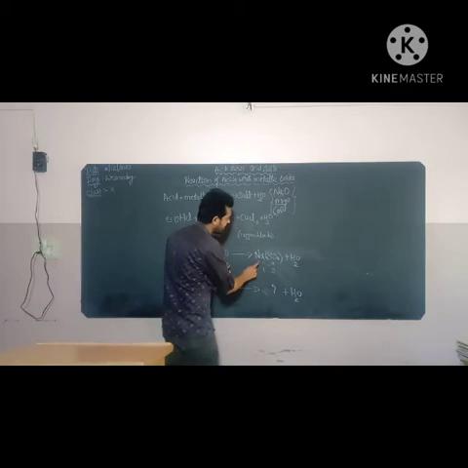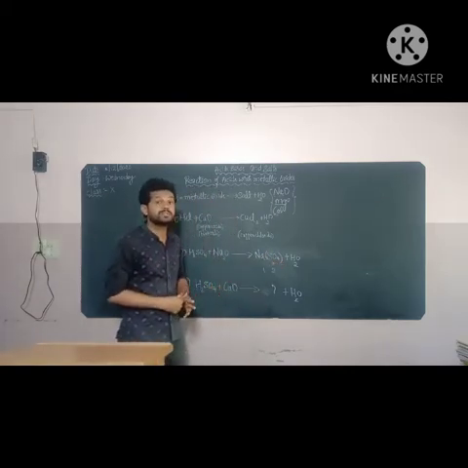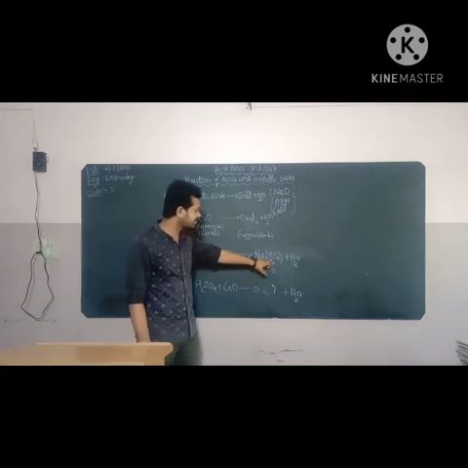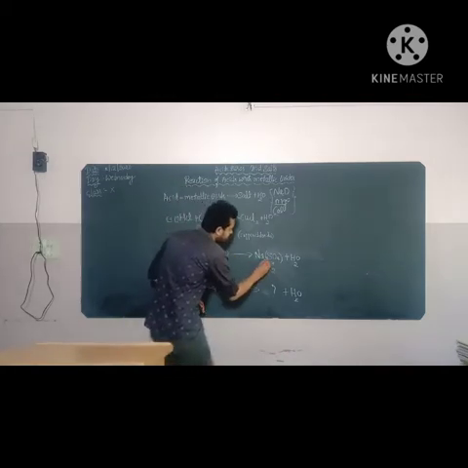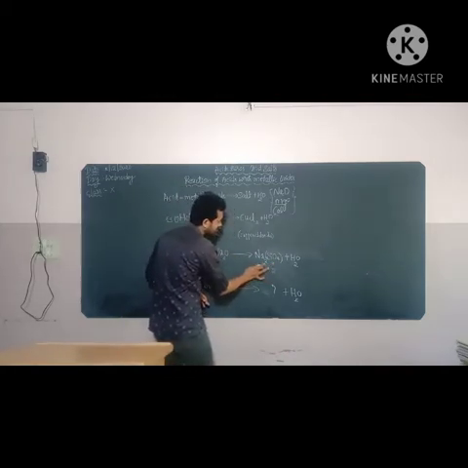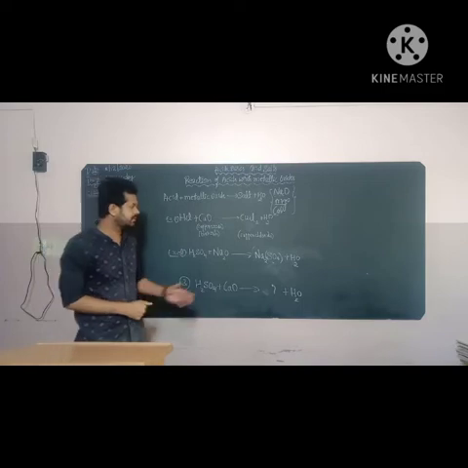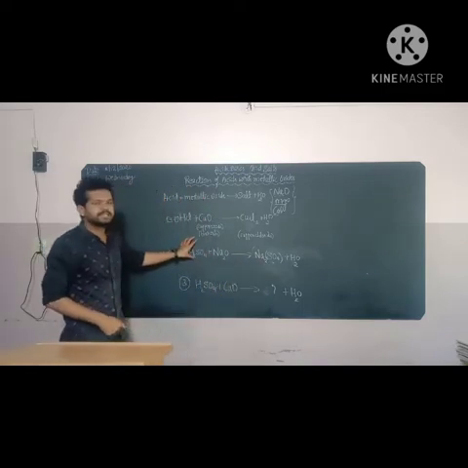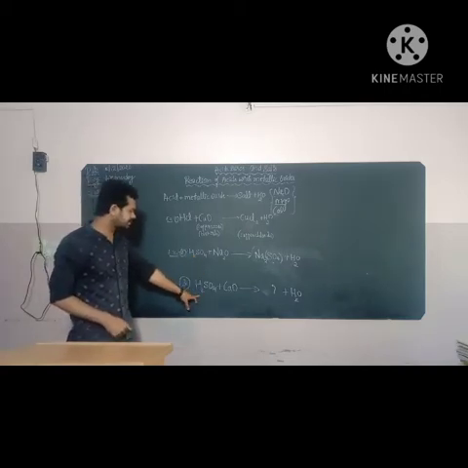You can write NaSO4 and cross check by its valency, right? The valency of sodium is 1, the valency of sulfate is 2. Just cross it. Na2SO4. So this is the formula. Sodium sulfate. Clear? This is example number 2.